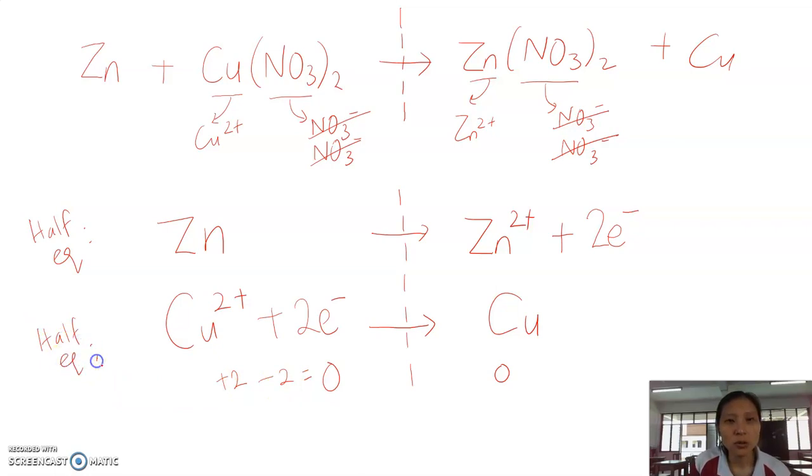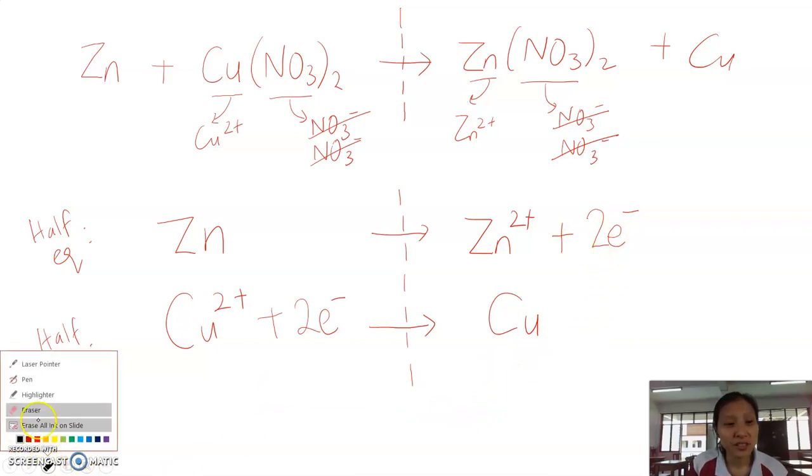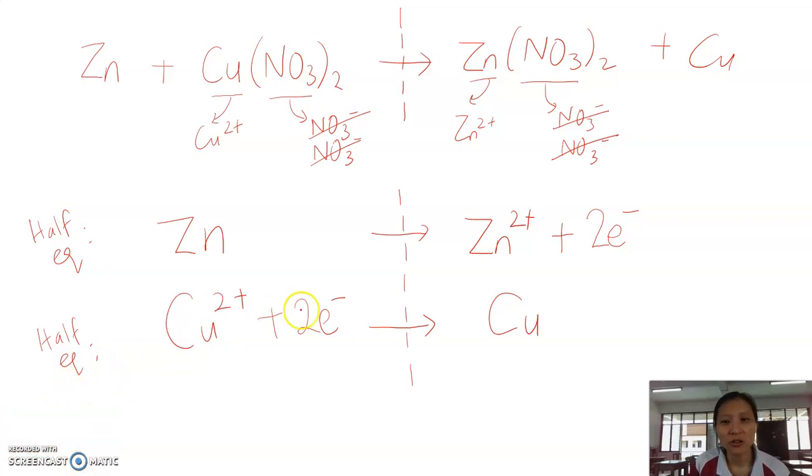You notice one thing: in any equation, there will be one substance that will release electrons, and there will be another substance that will receive electrons. So you see, this zinc releases electrons.